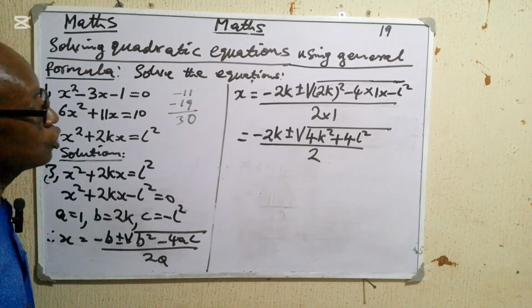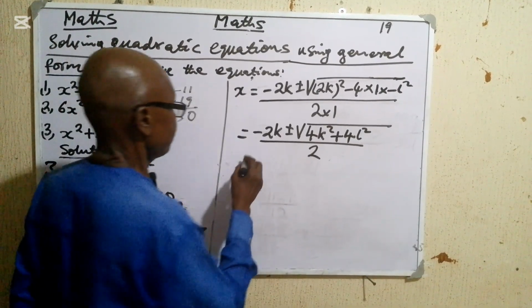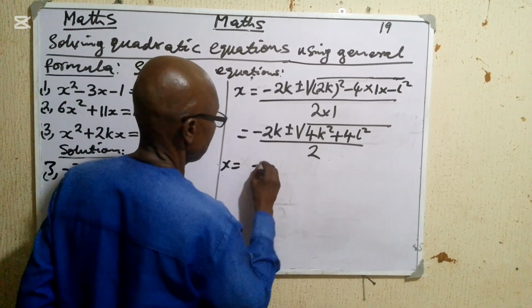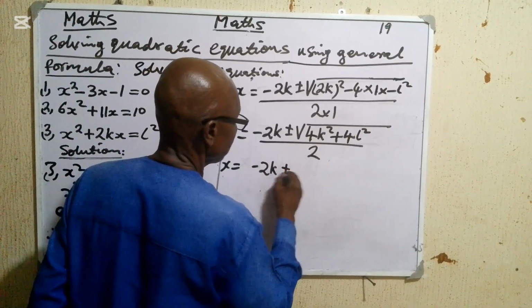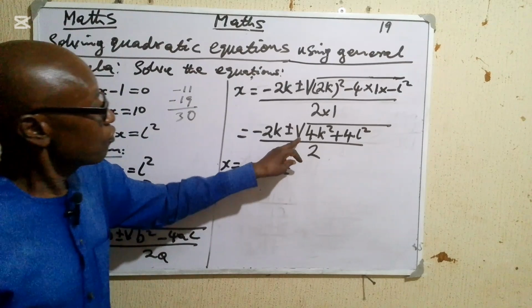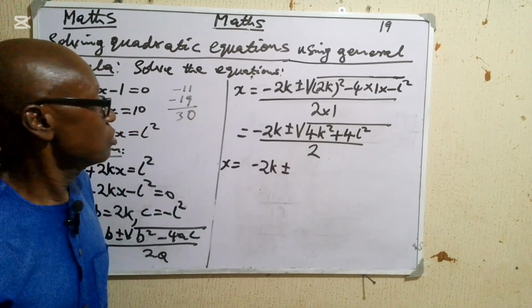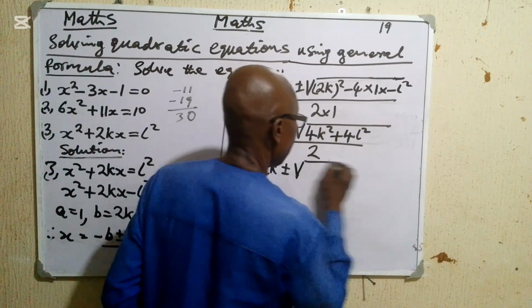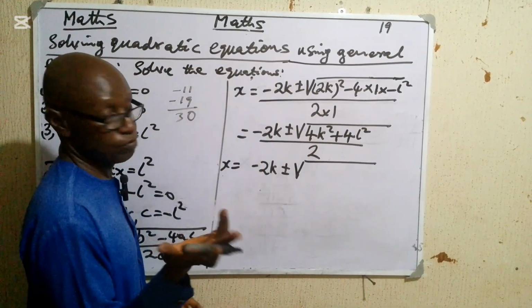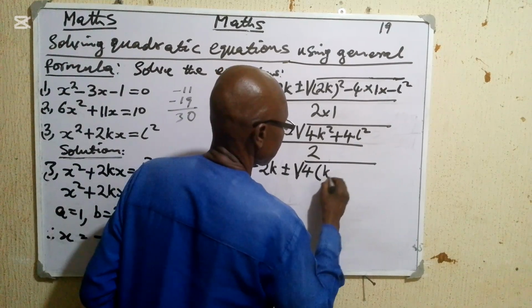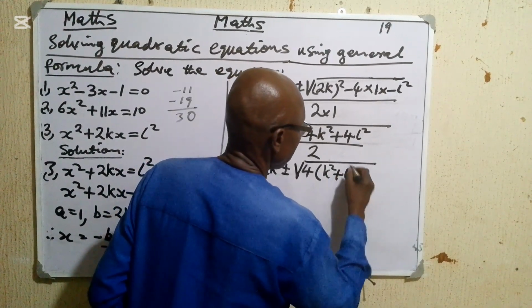And then to continue, we have x equal to minus 2k plus or minus, you discover that 4 is common, so we can express it as 4 bracket k squared plus L squared.